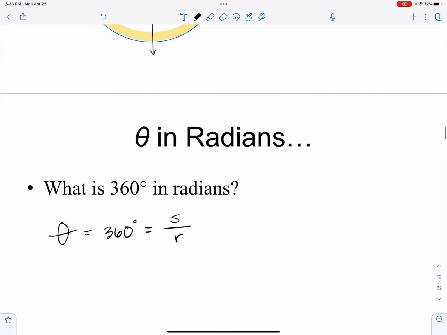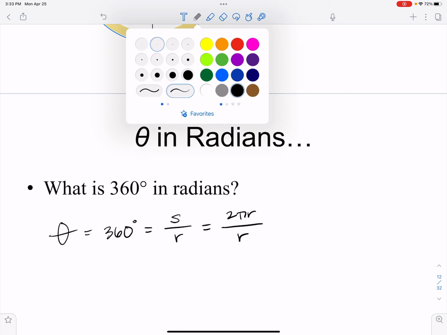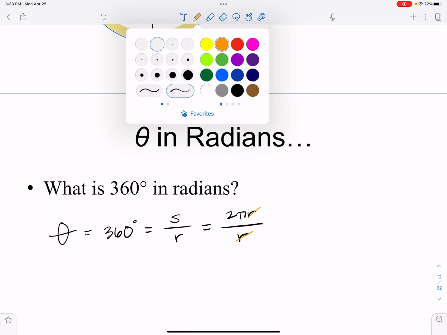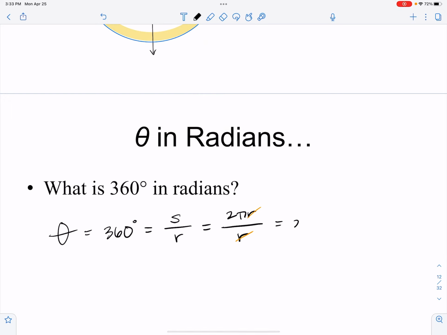The arc length for a full rotation of 360 degrees would be 2 pi r, where regardless of what r is, r will cancel, leaving us with 2 pi.